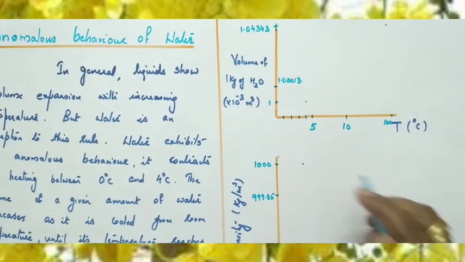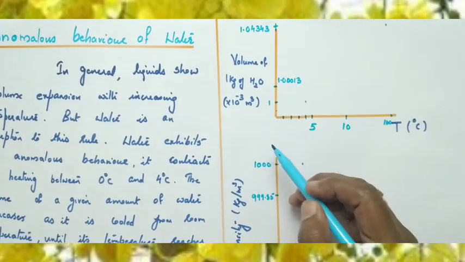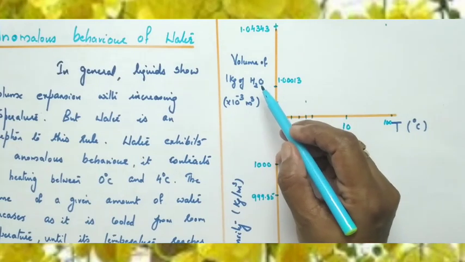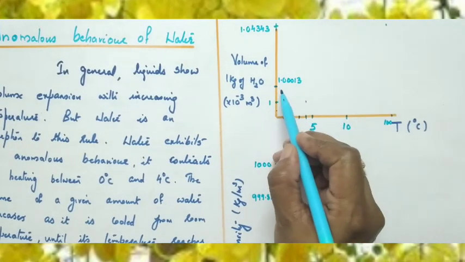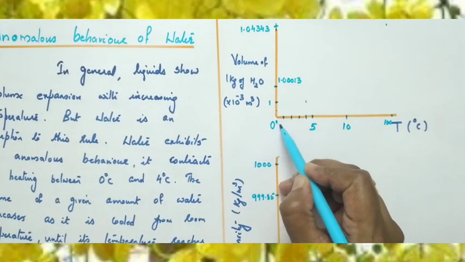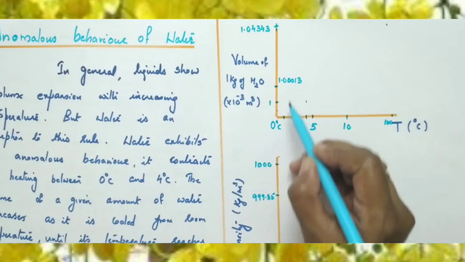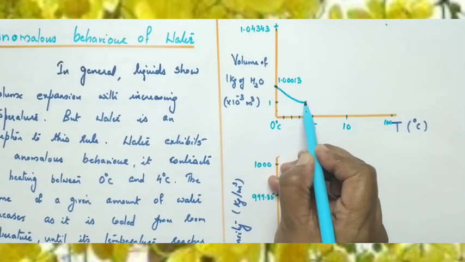Now, if a graph is plotted with temperature along the x-axis and volume of 1 kilogram of water along the y-axis, we can see what happens as temperature increases from 0 degrees Celsius to 4 degrees Celsius. Volume decreases like this.